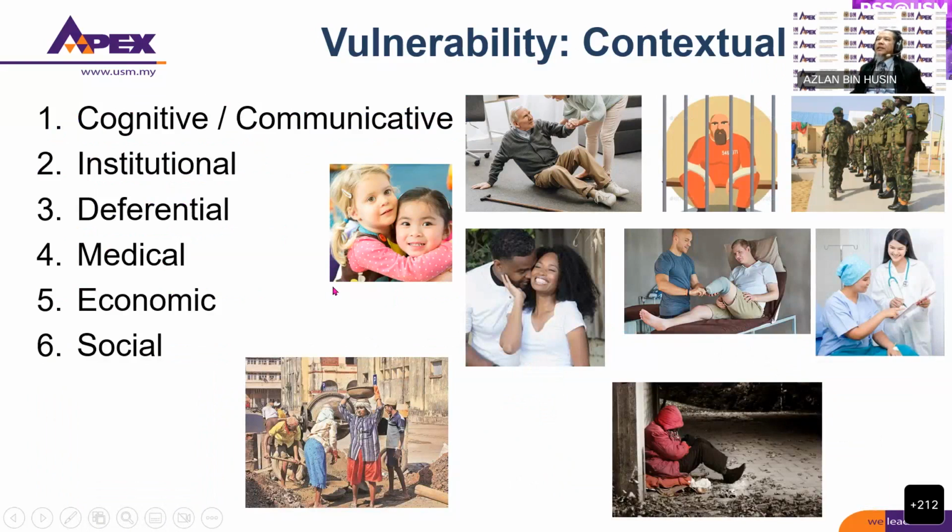So there's also another way of looking at vulnerability, which is called contextual vulnerability. It could be cognitive, like an elderly person or children, or it could be institutional because of the institution, like in the army or in the prison.